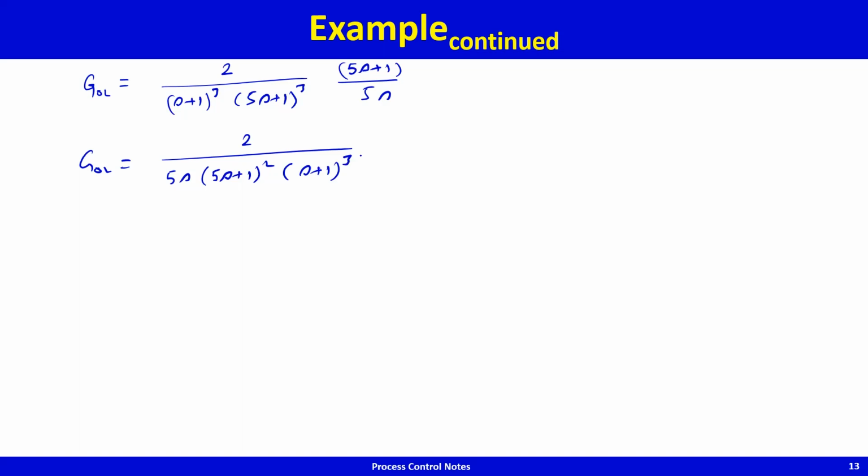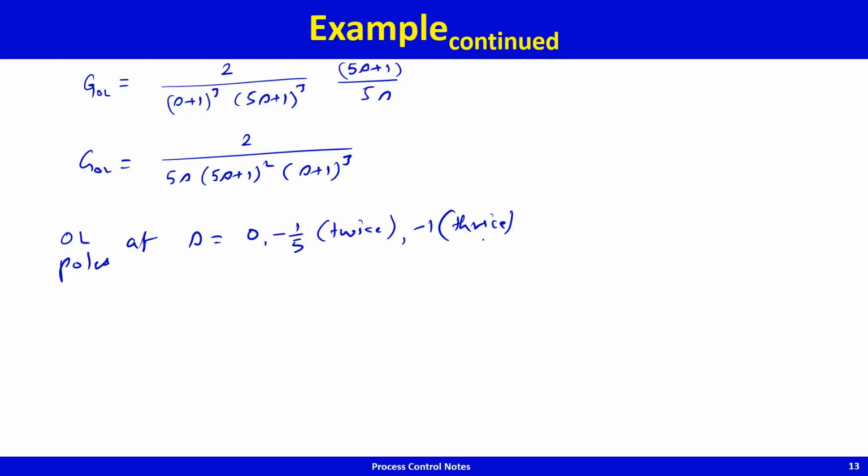And you can see that this has open loop poles at s equal to 0, s equal to minus 1 by 5, which is repeated twice, and s equal to minus 1, which is repeated thrice.